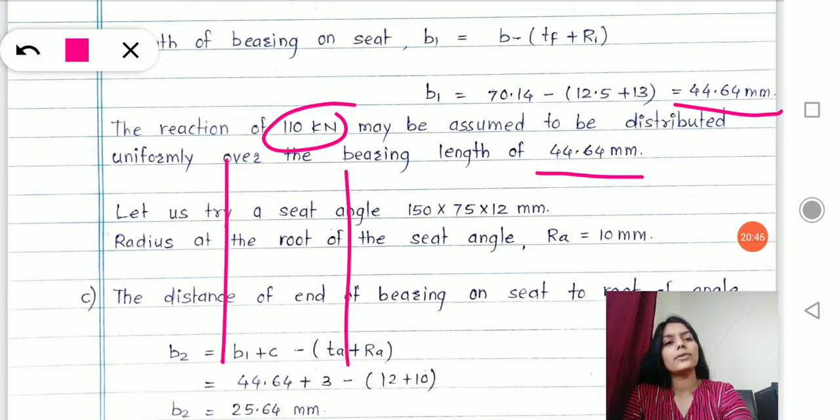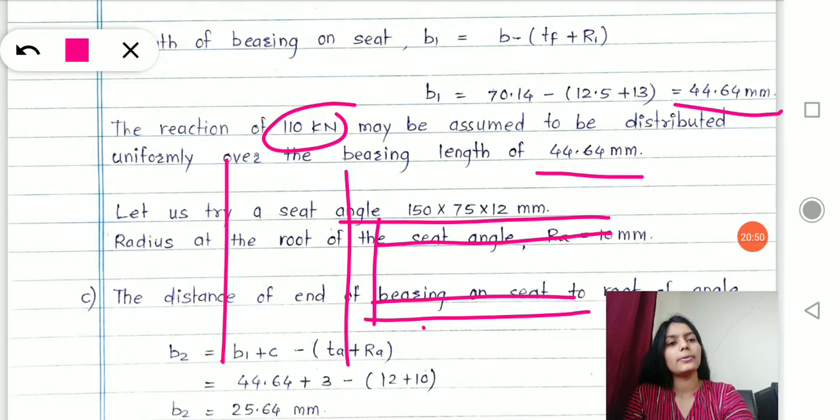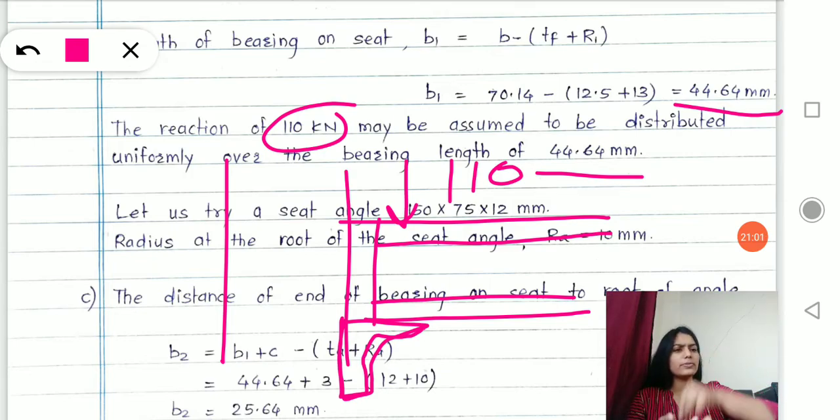See here, this is your column, this is your beam, you have provided clearance and you are providing an angle over here. Now on this angle, the shear load of 110 kilonewton is not taken just as a point load, but we are dispersing it as a UDL on our angle like this. And that dispersion of load is at 45 degrees, as I already mentioned to you.